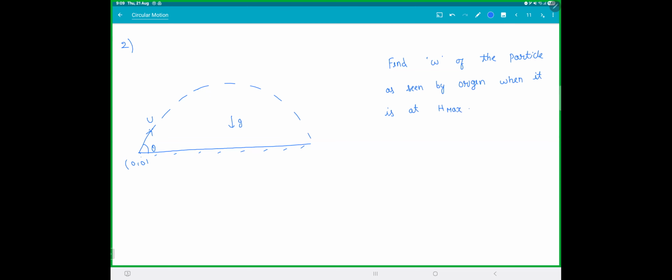Let's get this. So the particle is projected with u at angle theta from the origin.